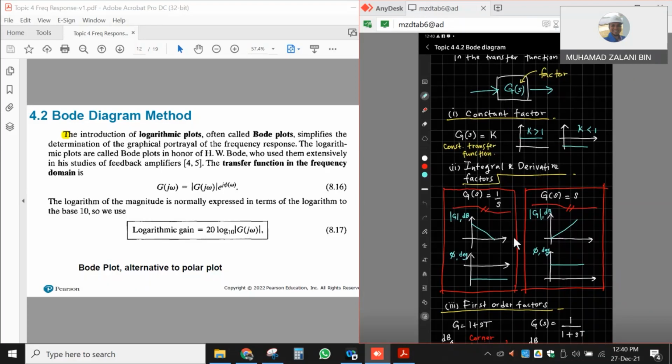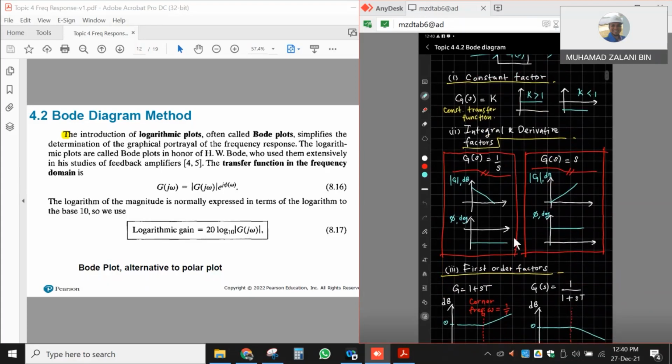The second factor is the integral or derivative factors. For the integral factor, G(s) is 1 over s. For the derivative factor, G(s) is s. So we can represent the integral factor as 1 over s, and the derivative factor as s.